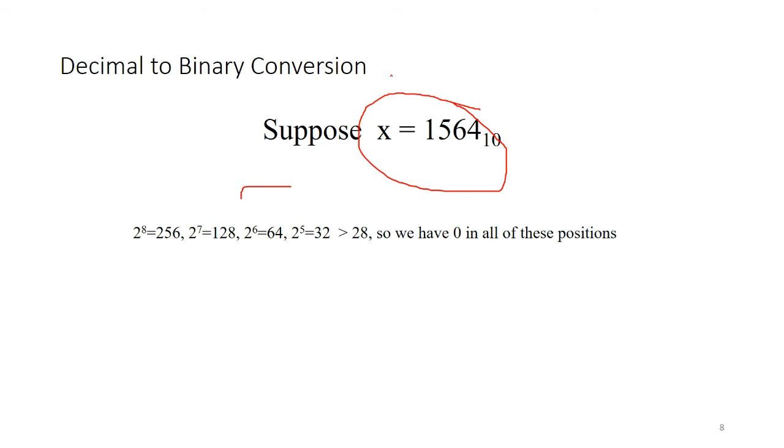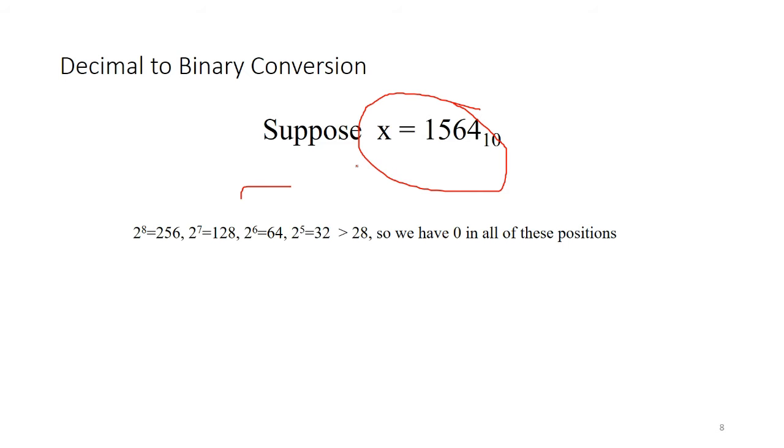Okay, 2 to the power 8 becomes 256. 2 to the power 7 is 128, and 2 to the power 5 is 32, and so on, right?